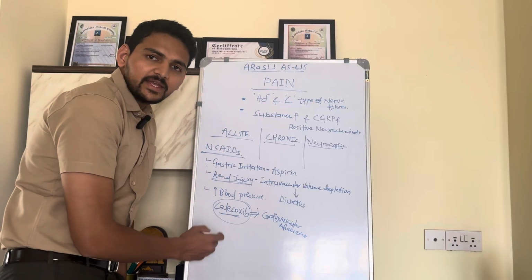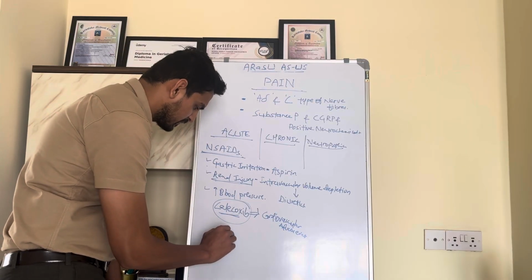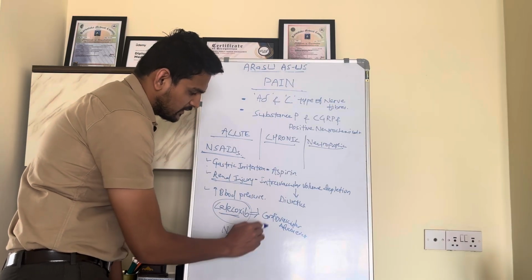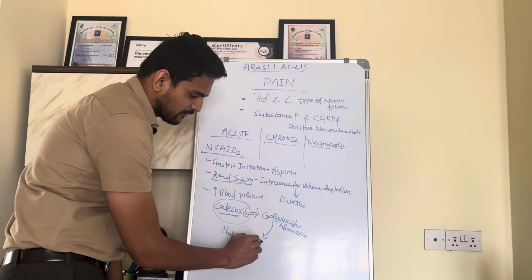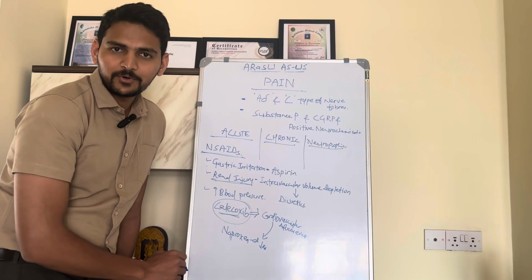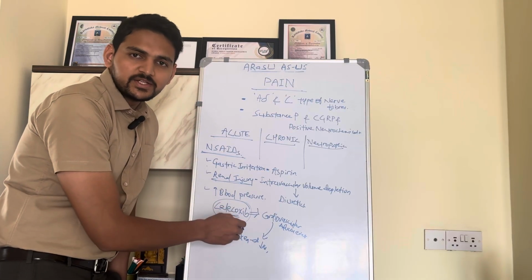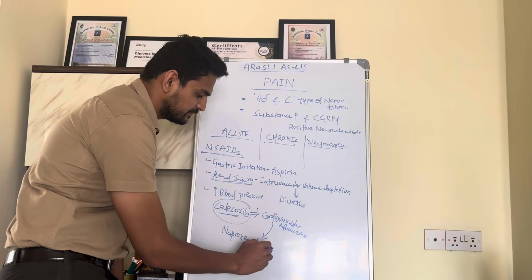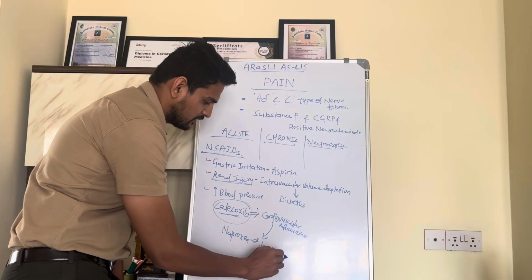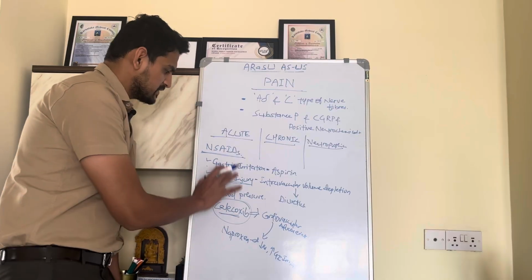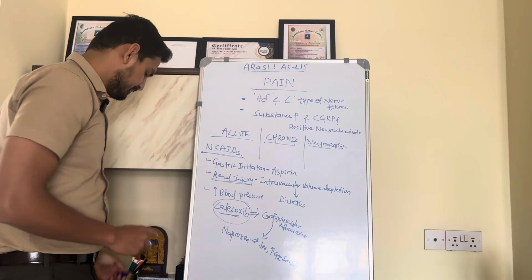Then some long-acting NSAIDs like naproxen. Here the cardiovascular adverse effects are very low with naproxen, but the risk of GI irritation is comparatively higher. So these are a few points about NSAIDs.